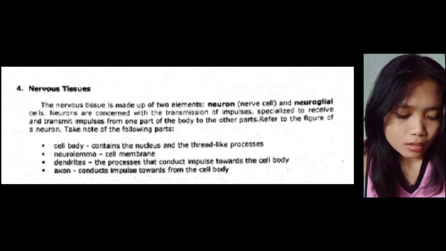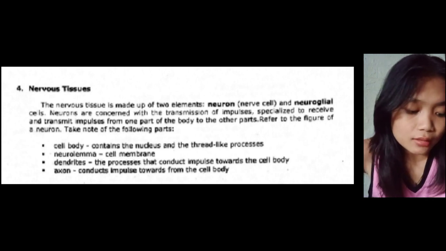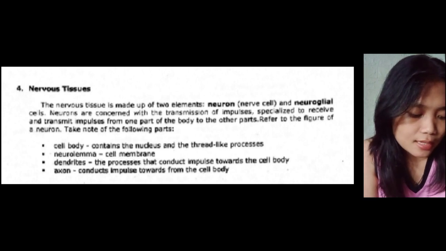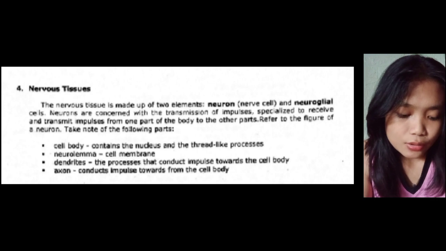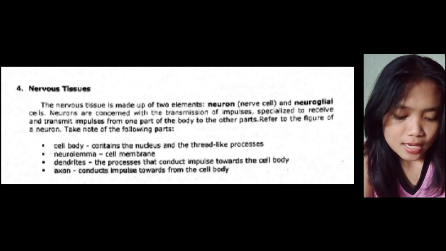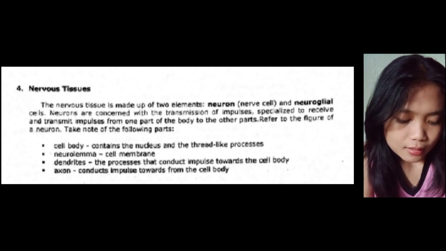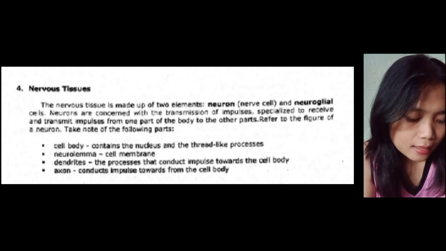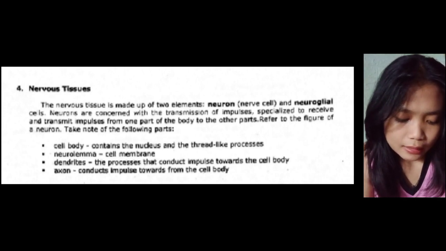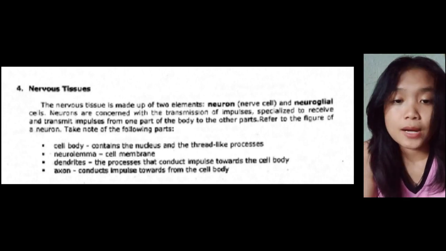Refer to the figure of a neuron. So take note of the following parts. Cell body contains the nucleus and the thread-like processes. Neurolemma, the cell's membrane. Dendrites, the processes that conduct impulses towards the cell body. Axon, conducts impulses away from the cell body.